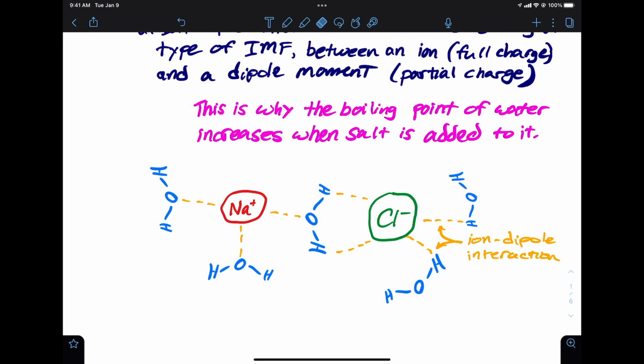And a part of that is because you are now allowing ion-dipole interactions to occur. Without the salt, pure water would only undergo hydrogen bonding, dipole-dipole interactions. But adding salt to it, you get stronger intermolecular forces. It requires more energy to disrupt them, and so your boiling point is higher. So it's the ion-dipole.